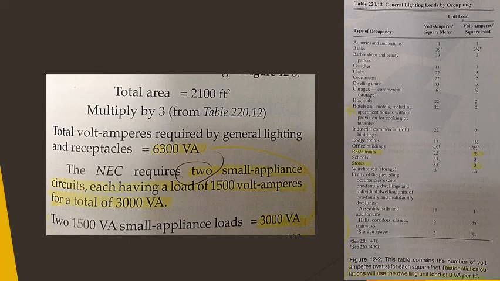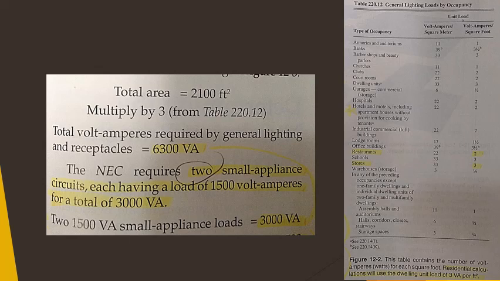The NEC Table 220.12 specifies the number of volt amperes for each square foot of building. This table relieves you from having to account for each light fixture, kitchen appliance, and piece of audiovisual equipment. For dwelling units, that number is 3 VAs for each square foot of living space. See figure 12-2.